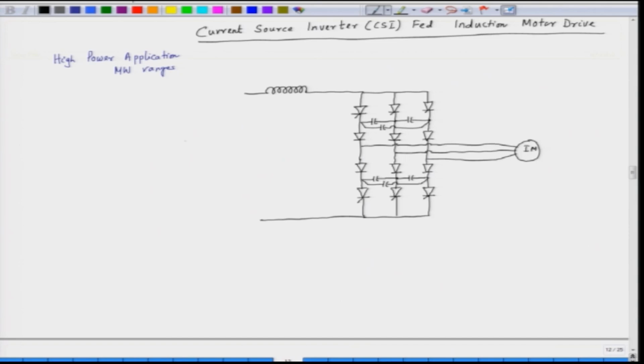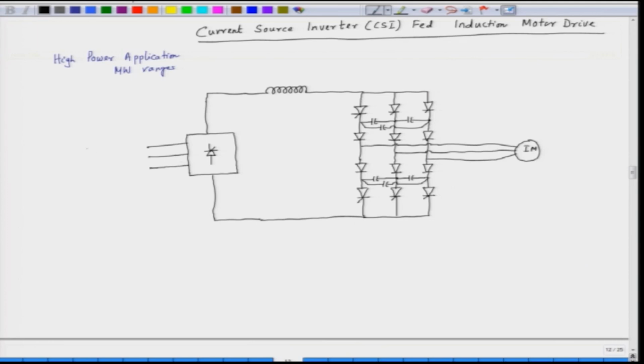On the input side we have a converter bridge, which I am just showing in terms of a block diagram. It is a converter bridge. It is a 3-phase fully controlled converter.